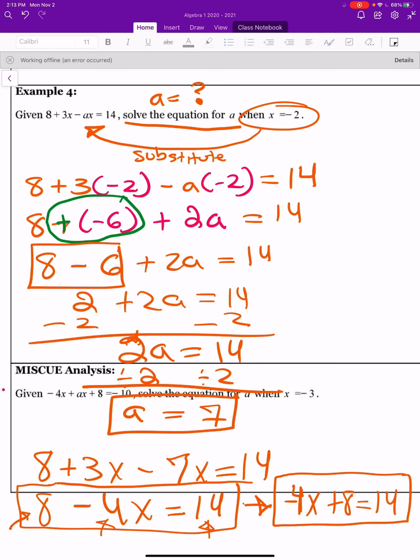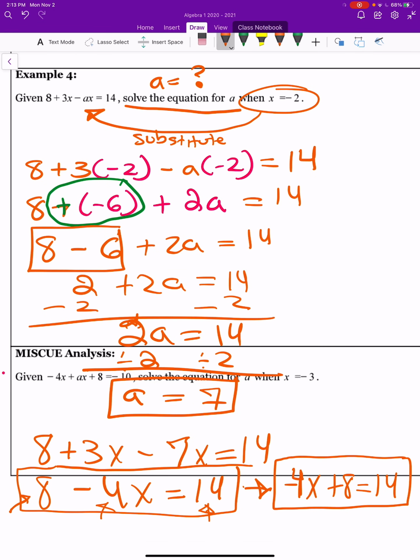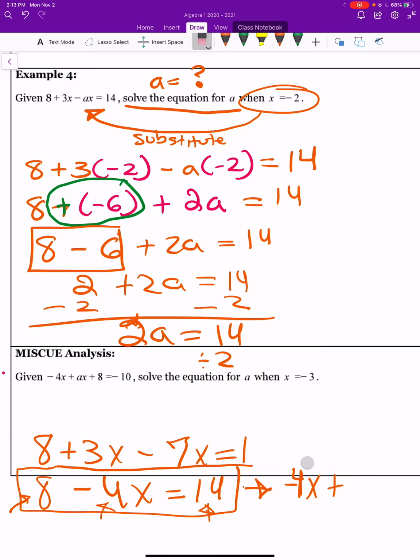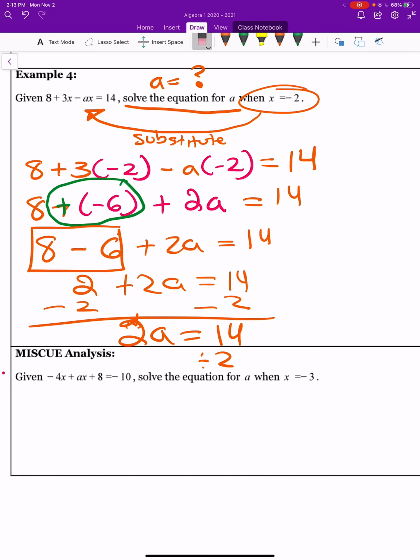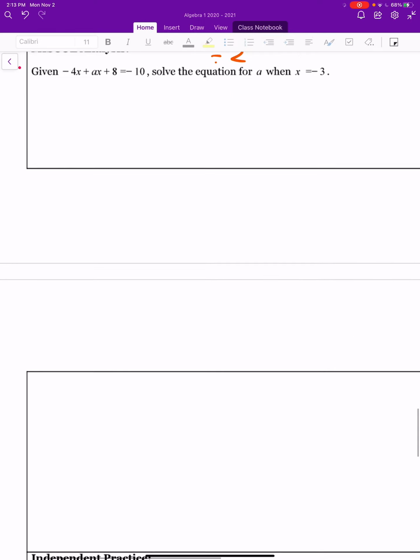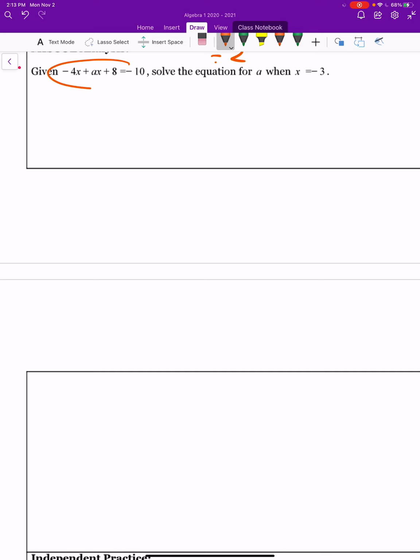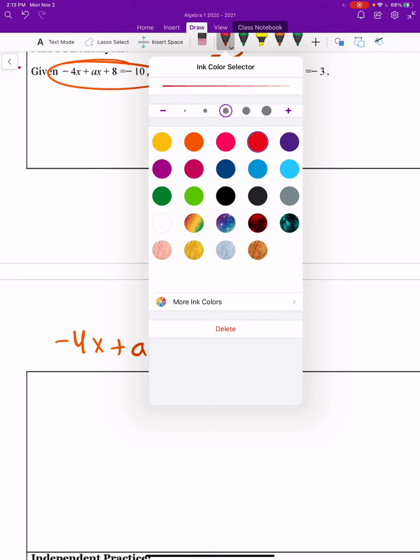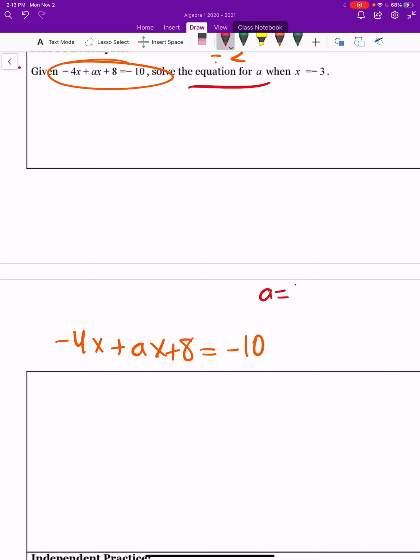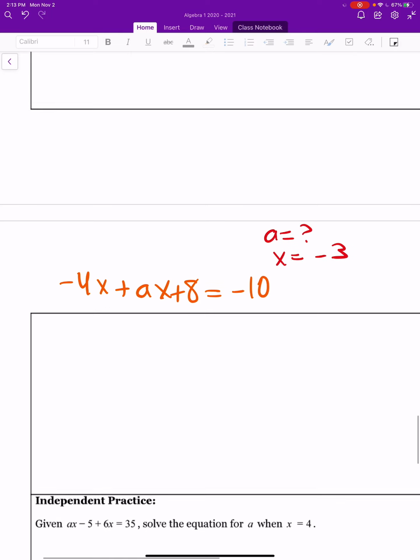I'm going to have to erase a little bit here. So I'm going to rewrite this here. Actually, let me do some key annotation. How about that? Given the equation negative 4x plus 8x plus 8 equals negative 10, solve for the equation of a. So what does a equal when x equals negative 3? All right. So look out for the miscues.